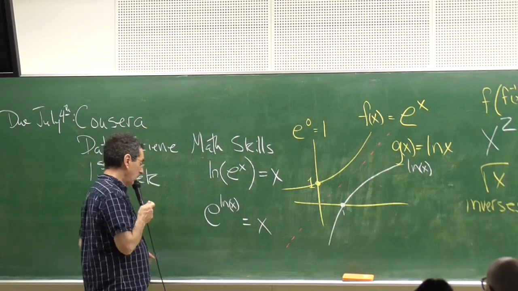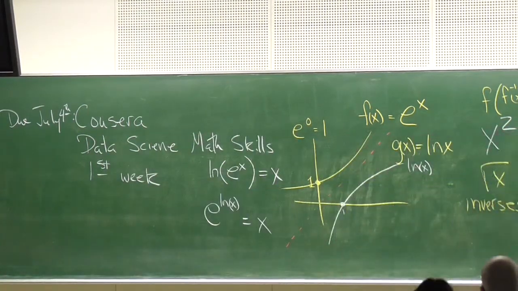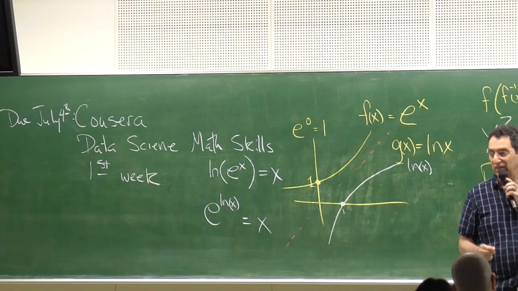But we also know that the ln function is also the log base e of x, right? ln means the log base e of x. And we also talk about other bases, for example, the log base 10 of x. And you know how that works.